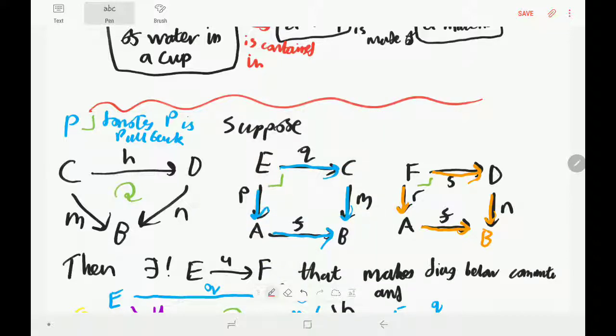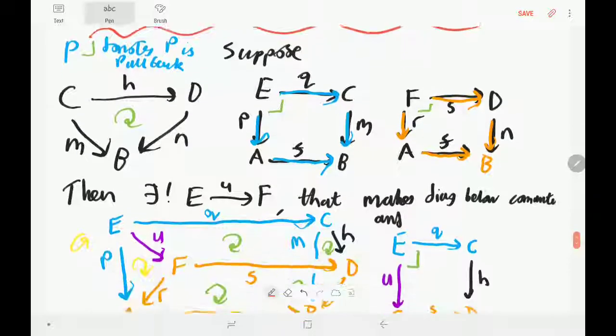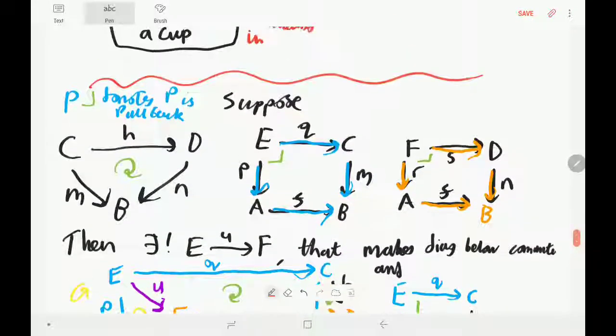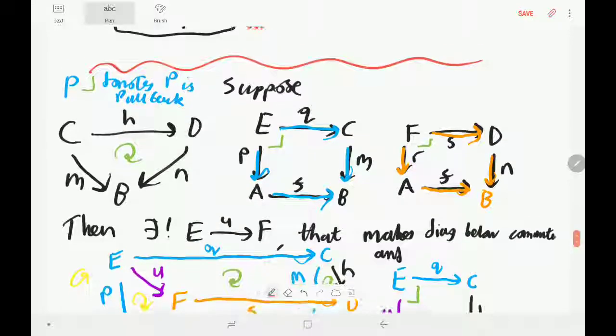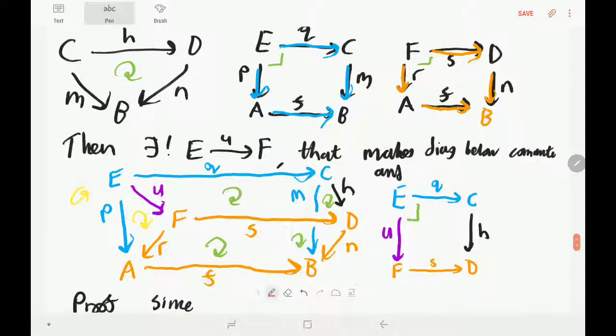Okay, so here's our next result about pullbacks, and it says that if we have this commuting triangle and we have these two pullbacks here, then there's going to exist this unique purple arrow which makes this diagram commute.